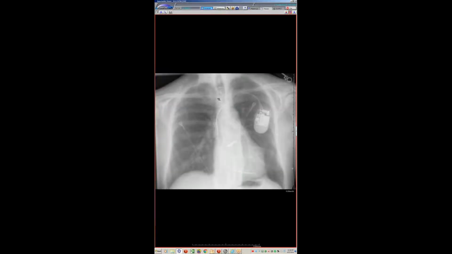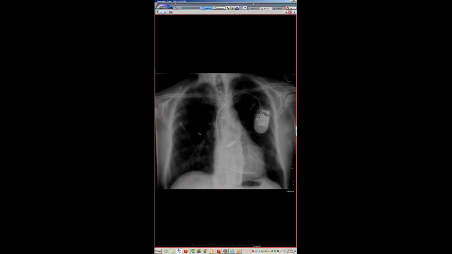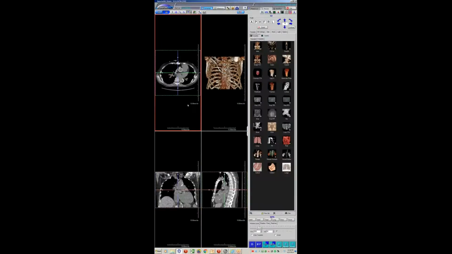So this was a patient who had a very heavily calcified aorta and basically had this little gap here that wasn't too impressive. This was back in 2013. He had a non-contrast CT back then.